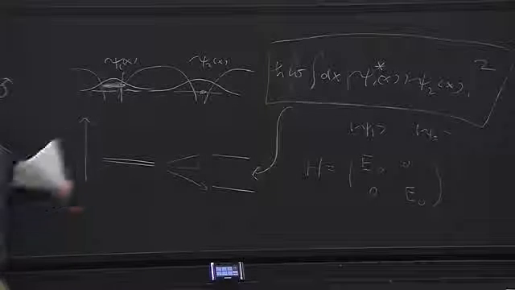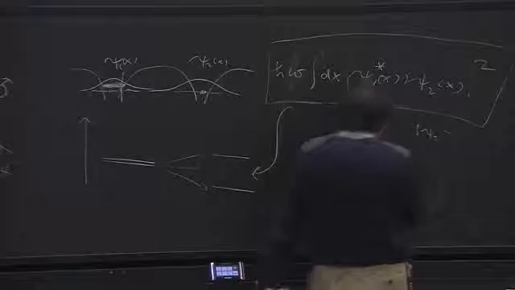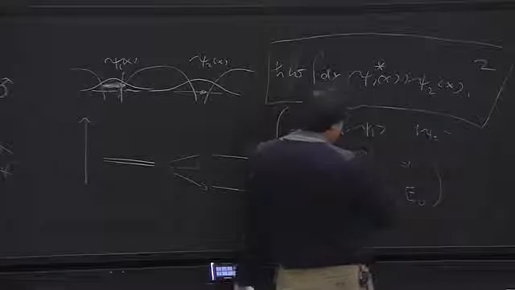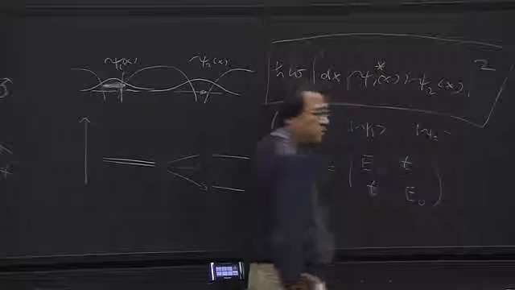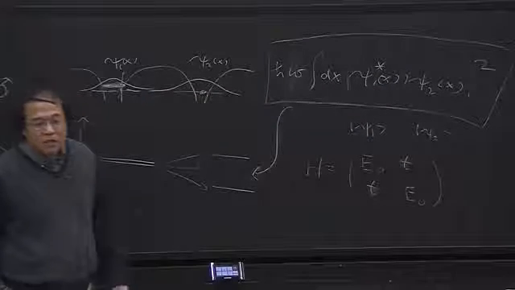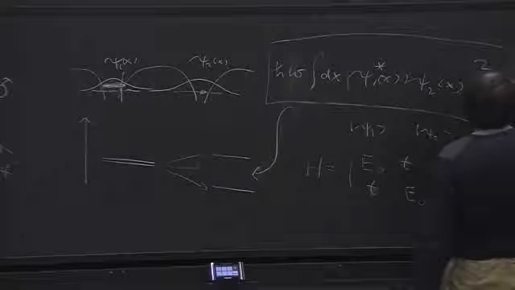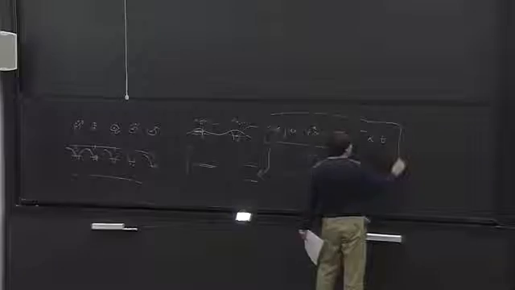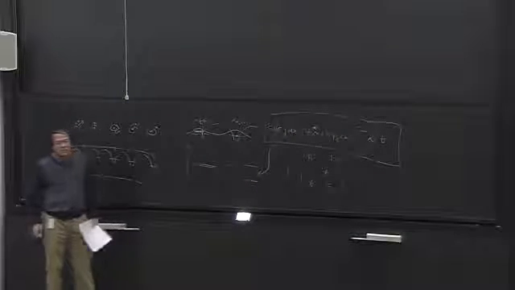And now with tunneling, okay, these two can mix, so this can go here, this can go here. Then in the 2 by 2 matrix, we just add T here. So T is something tunneling. And T is given by this. That's why I went through this.